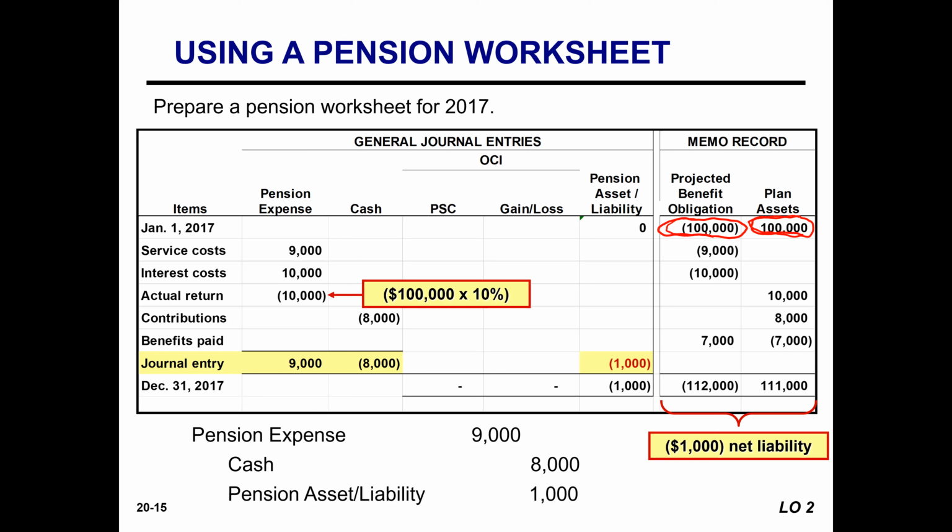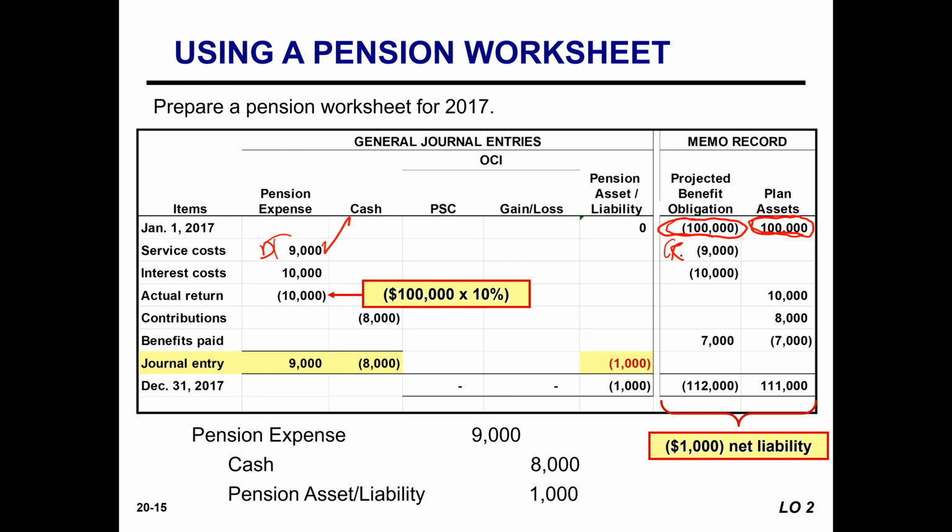But now we've got these things happening through the year. So annual service cost is 9,000. That is a debit to pension expense, credit to the pension benefit obligation, which is essentially how much we expect to owe, how much we're obligated basically to pay.